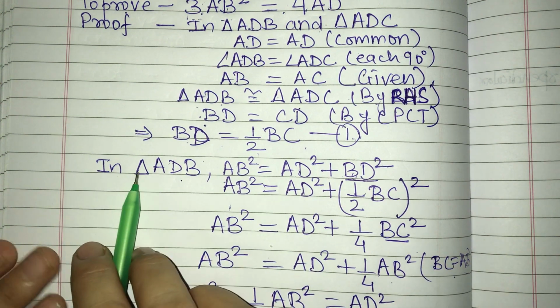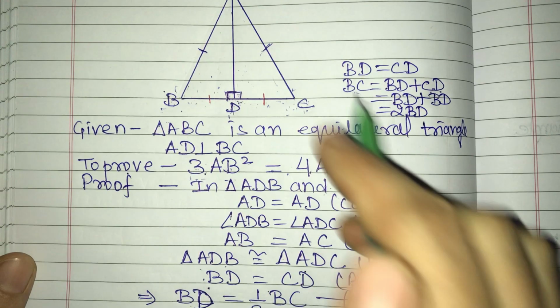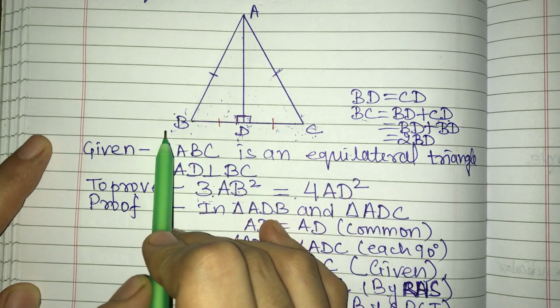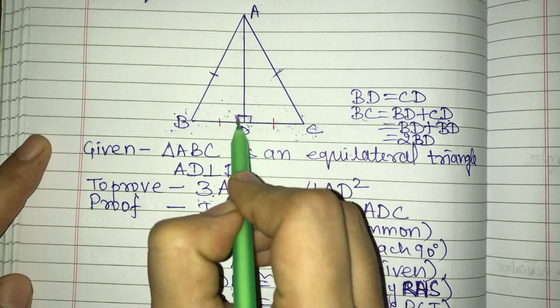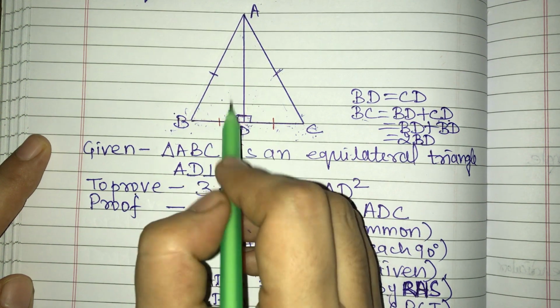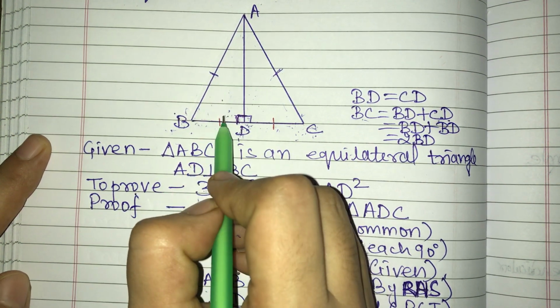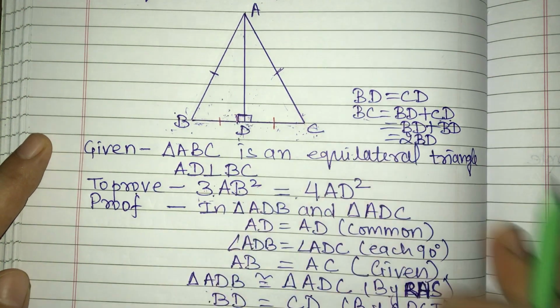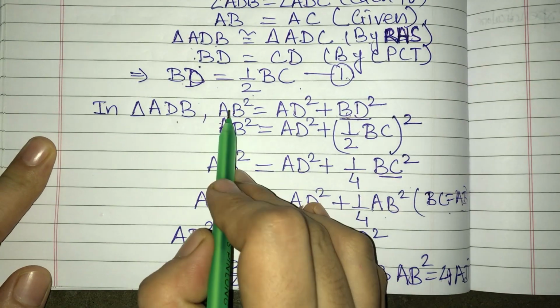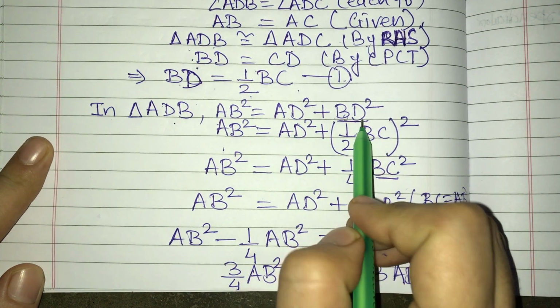So now I am taking triangle ADB. In this triangle, this is a right angle, so this is a right angled triangle. I can apply the Pythagoras theorem, which says that AB square equals BD square plus AD square.